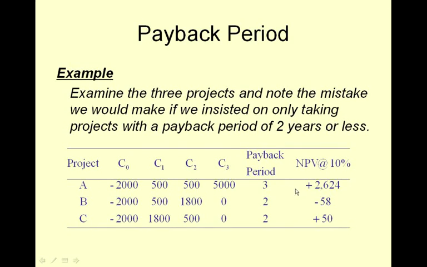So by ignoring the $5,000 that occurs in year 3, we don't reflect the fact that we have a significant advantage to Project A. Second, the payback period criterion ignores the timing of cash flows even within the payback period and results in an equal ranking of projects B and C, even though now that you know about the time value of money, you can easily see that Project C is superior to Project B because the cash flows come in the first year rather than in the second year, by and large.